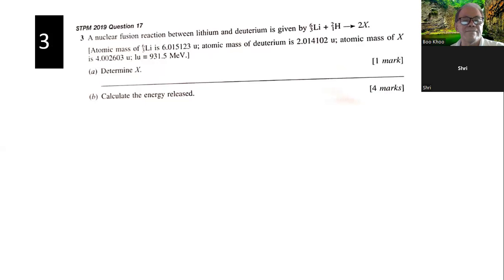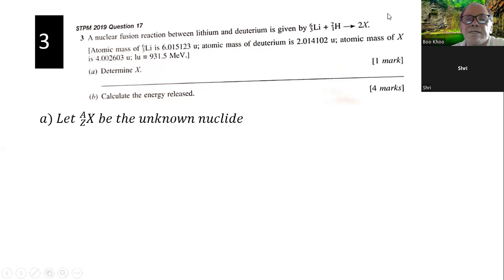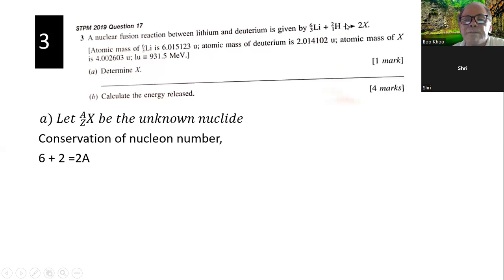Okay, let's work it out. Write out the equation. Let X be A and Z there, unknown nuclei. Conservation of nuclear number: 6 plus 2, right, this is 2, and then it's A, 2A. Calculate your A is 4.